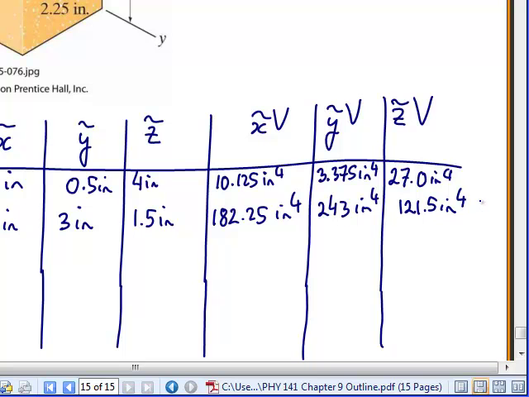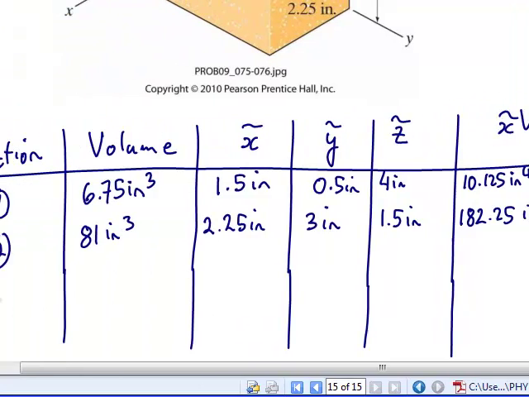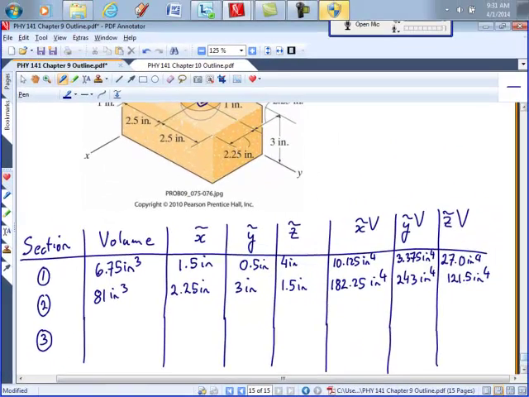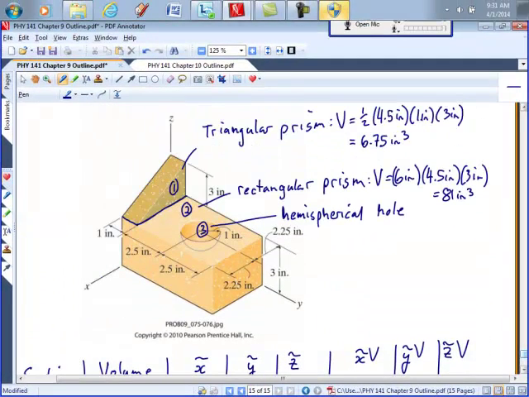All right. The last section is our hemispherical hole. What's the volume of a hemispherical hole? Half the volume of a sphere. So the volume of a sphere is 4/3 pi r cubed.